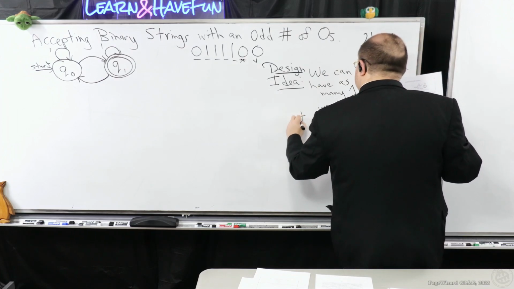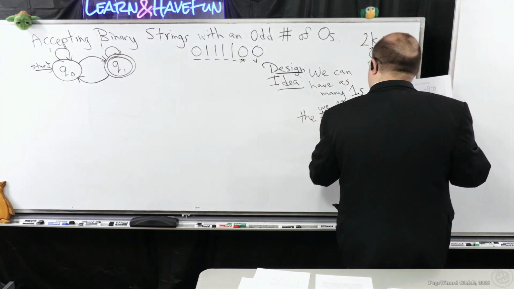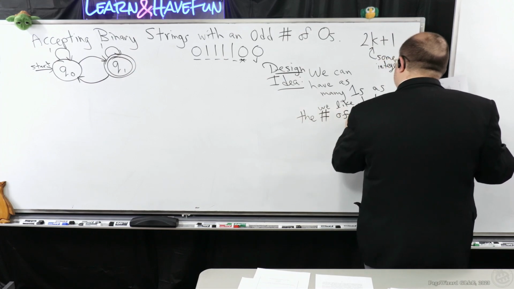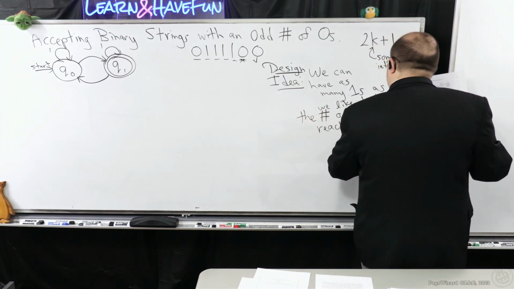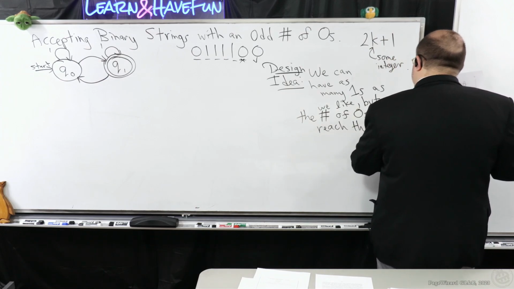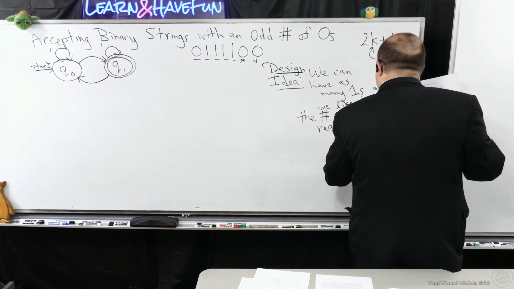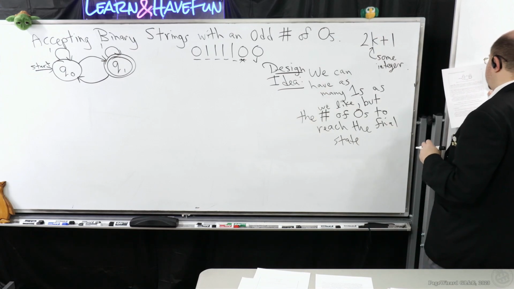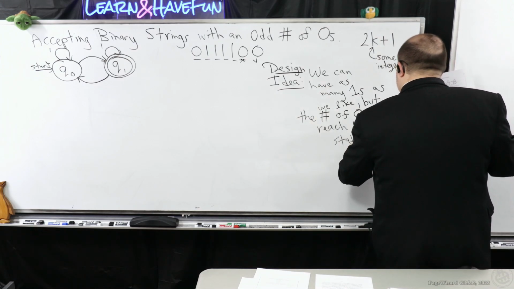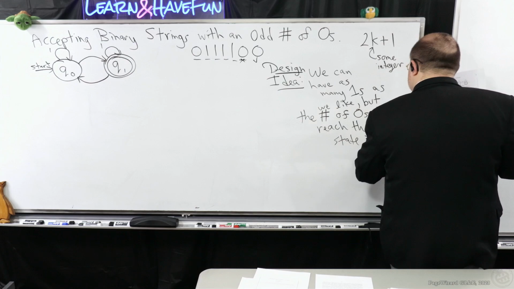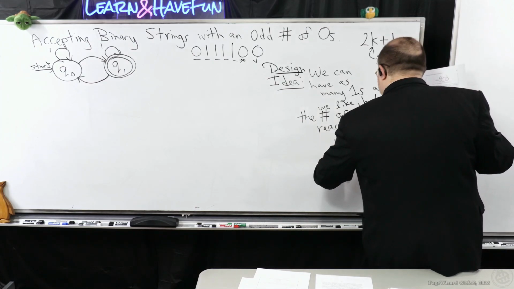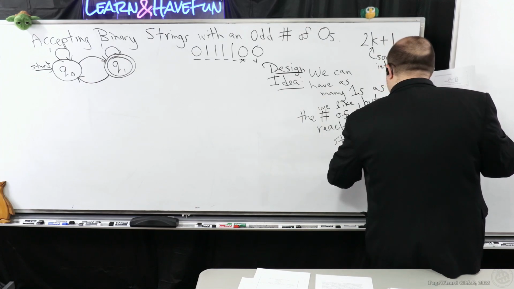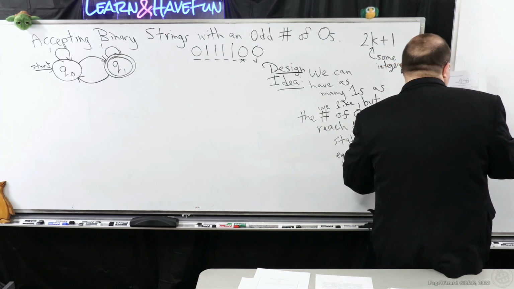But the number of zeros to reach the final state is exactly equal to 2k plus 1.